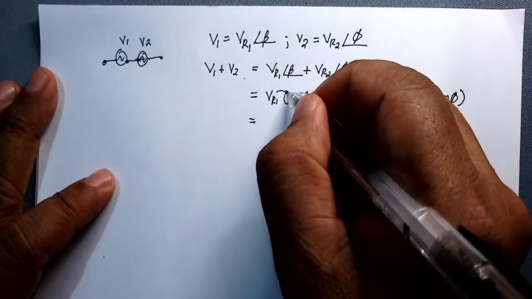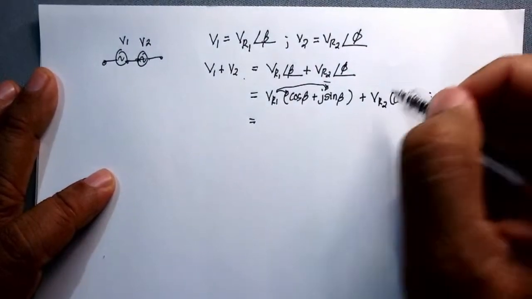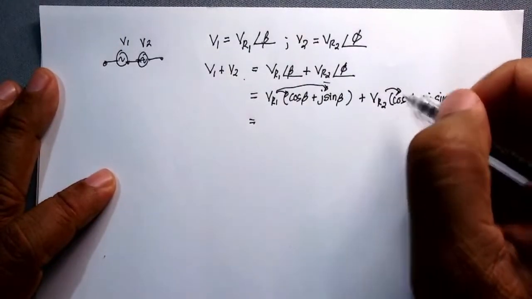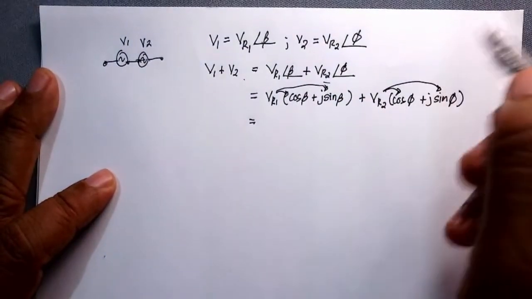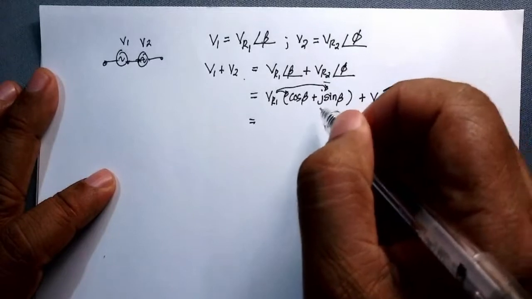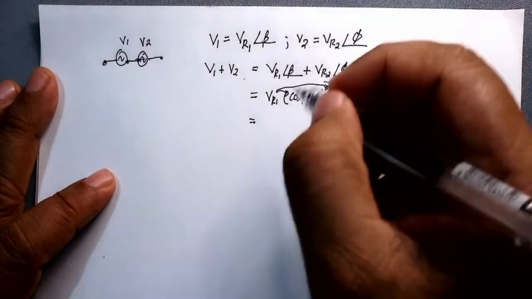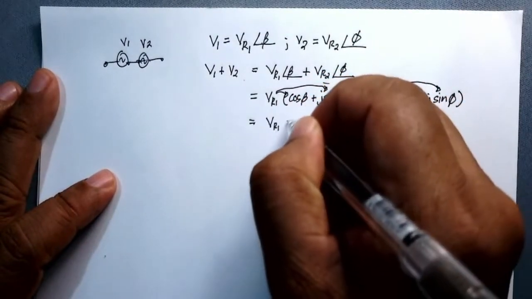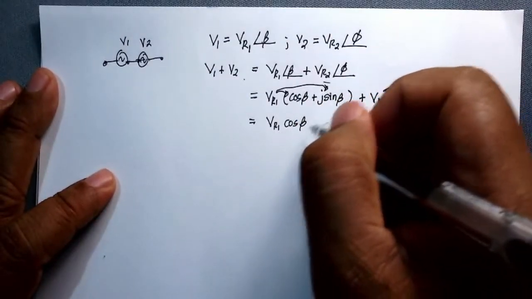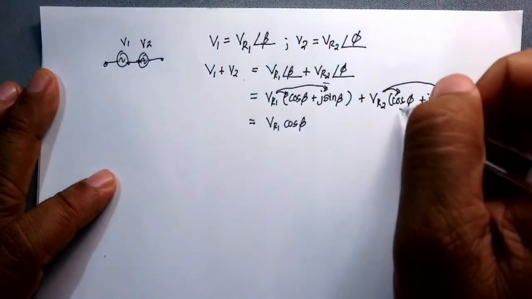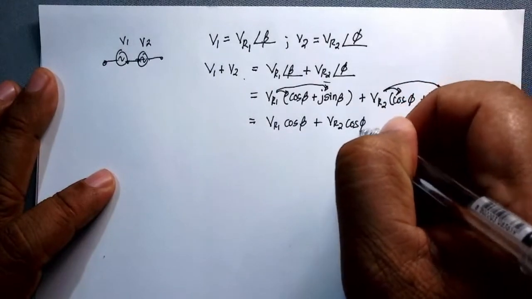If you distribute, multiplying BR1 to cosine beta and to the other term, and also BR2 to this term and to this term, we can group the real part, those that don't have J, and those that have the letter J. So BR1 cosine beta does not possess the letter J, and also BR2 cosine phi.